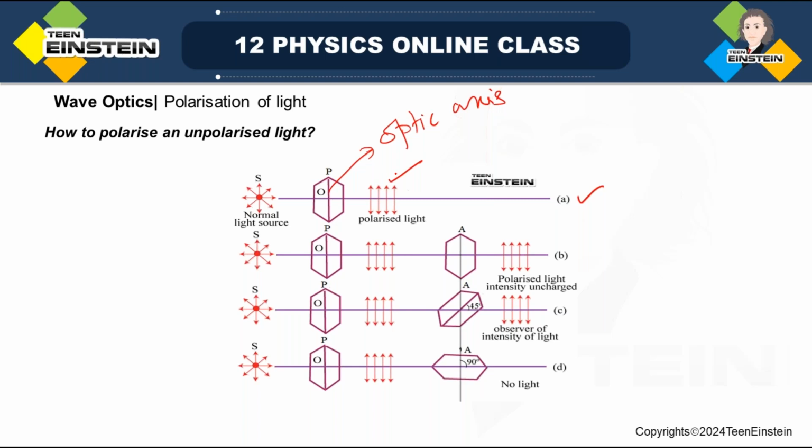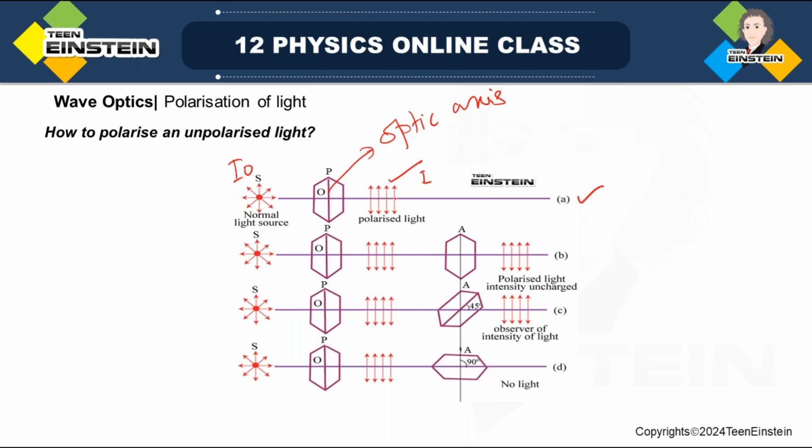Whether a light is polarized or not, you can understand even by seeing the intensity. Can you tell me what will be the intensity here? Suppose the intensity is I0 for the unpolarized light. This is fully polarized light, meaning the perpendicular component of the electric field is not coming here.